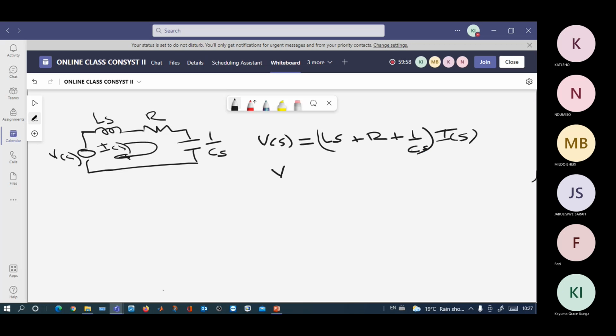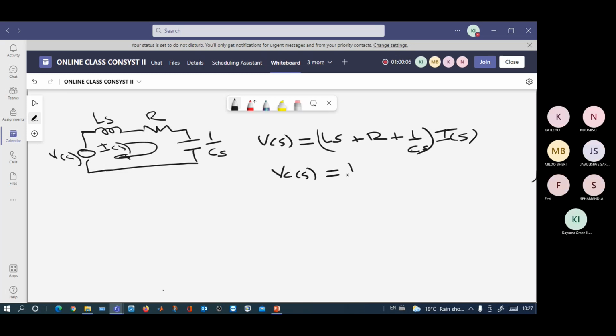Then you can say the capacitor voltage VC of S is equal to 1 over CS times I of S. So this makes your problem easy.